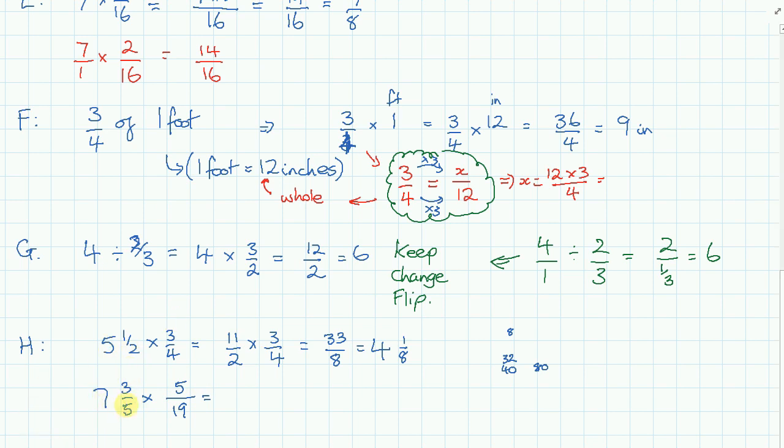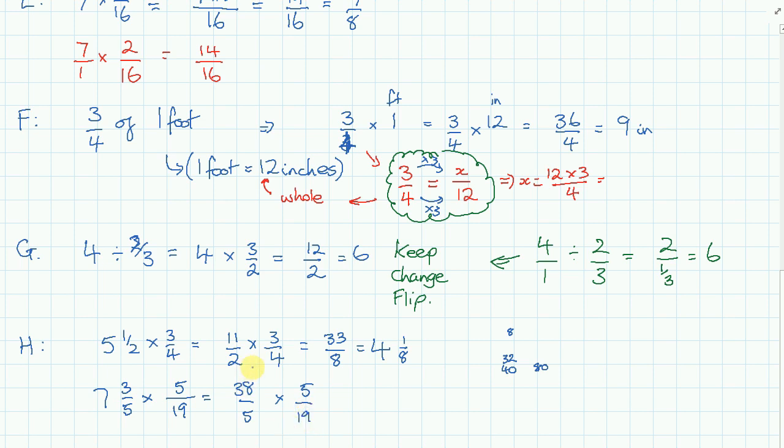So improper number, turn it into a mixed number, turn it into improper fraction. So 7 is 35/5 plus 3 is 38/5, and we have 5/19.